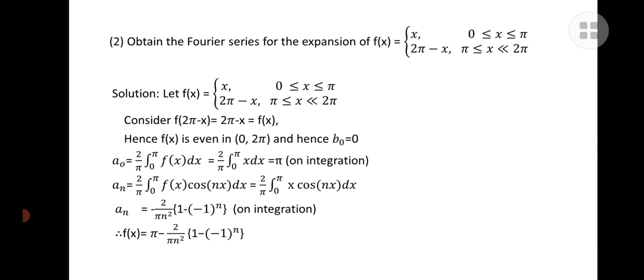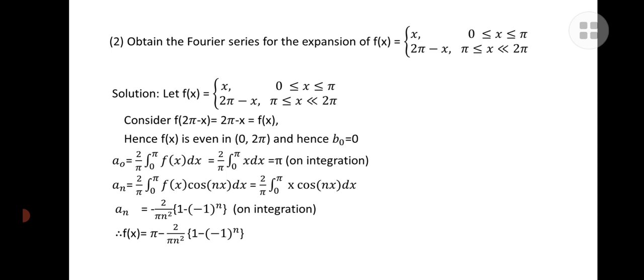Now in detail we will go for finding the value of a0 and an. That is, a0 is equal to 2 divided by pi integral 0 to pi f of x dx, and that is equal to 2 divided by pi integral 0 to pi x dx.